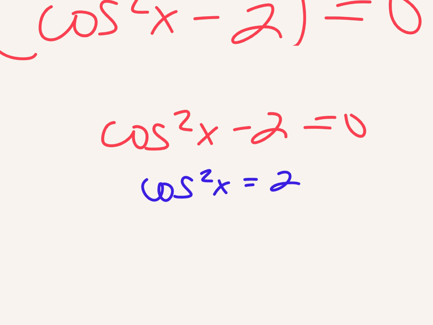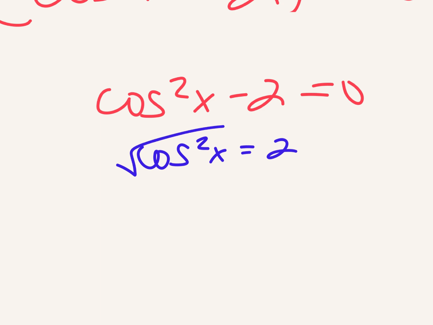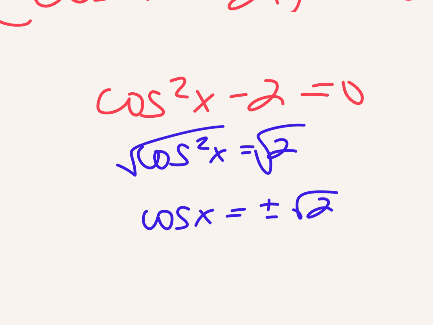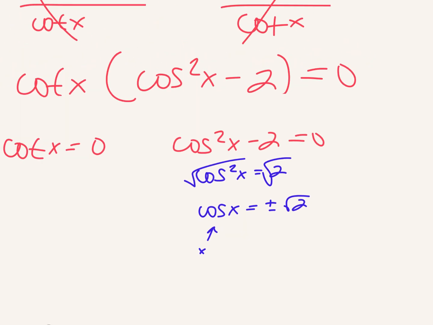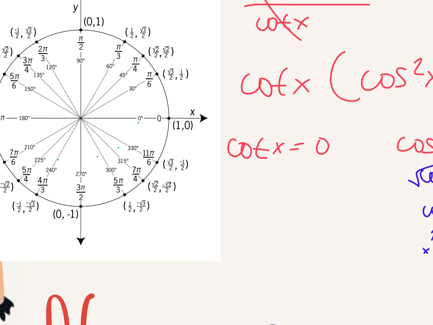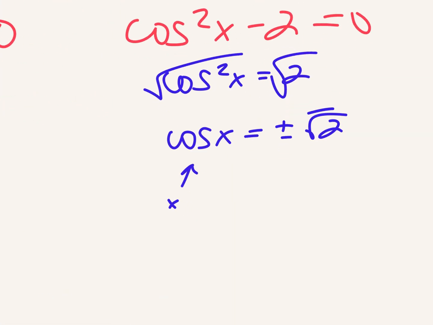And then what would we do? We're going to take the square root. So what goes in front of your answer? So cosine is what value? X, all right. Where on your unit circle are there x values that are just positive or negative square root of 2? There isn't. So what would you do with this one? This one doesn't work.